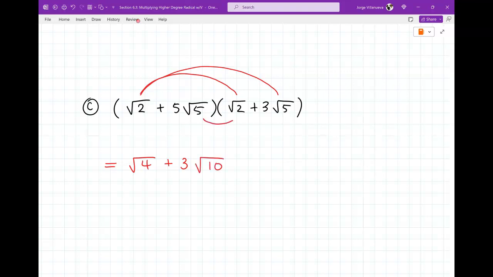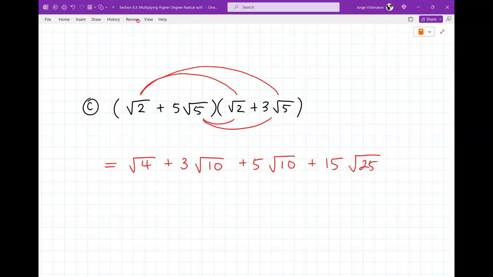And now I'm going to do the bottom. Okay? So 5 radical 5 times radical 2, or 5 times 1 is 5, and radical 5 times radical 2 is radical 10. And then the last one, 5 radical 5 times 3 radical 5, so 3 times 5 is 15, radical 25.